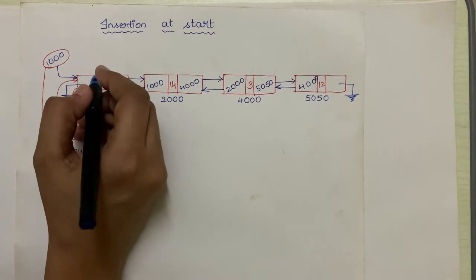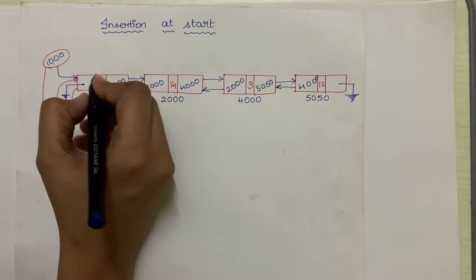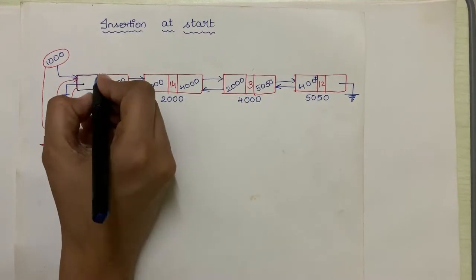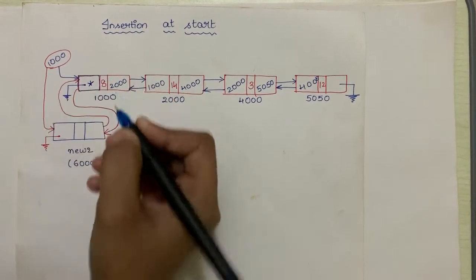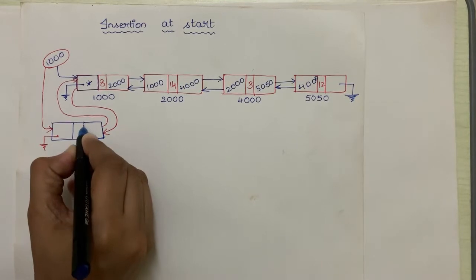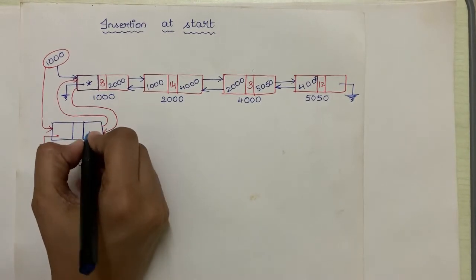So the values to be changed are, I am just marking it as star. Here the first field of the previous starting node should store 6000, the first one. Next, the third field in the new2 node should store the address of the previous first node.